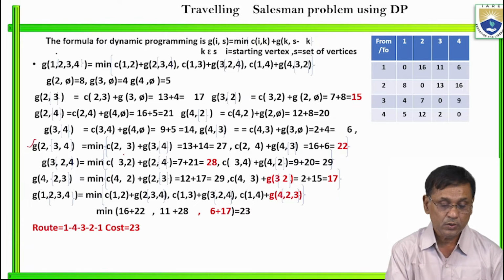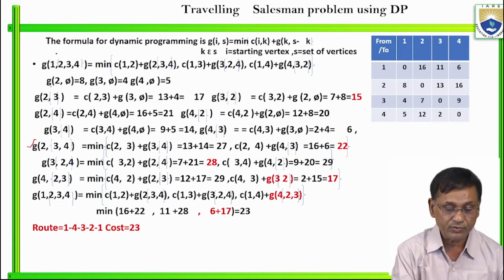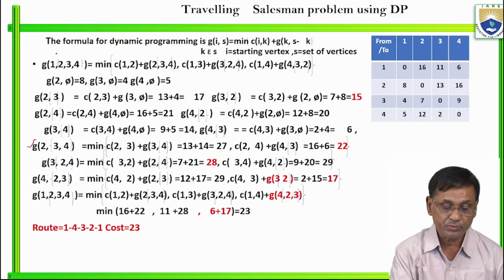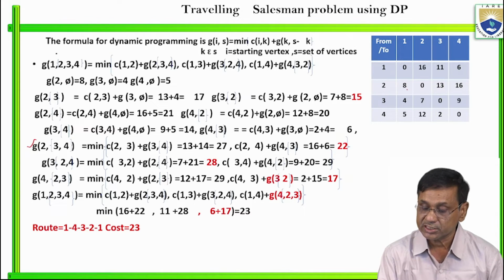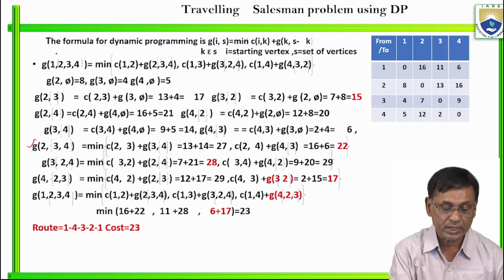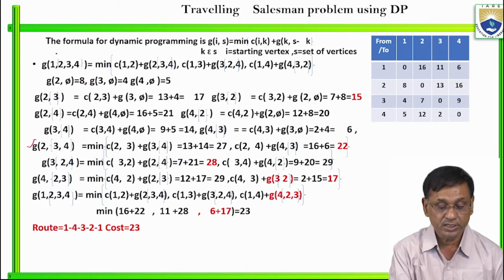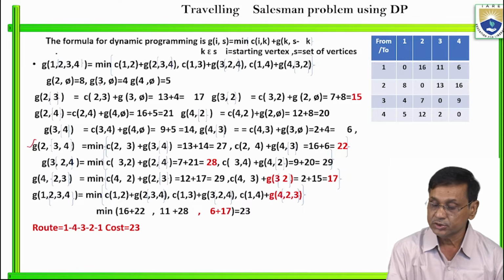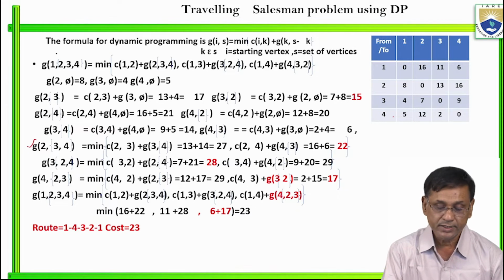So first of all we need this thing, going from 2 to 1, that is coming back. So what is the cost corresponding to 2 to 1? 2 to 1, that is returning to the home city, is 8. Then 3 to 1 is 4 and 4 to 1 is 5.